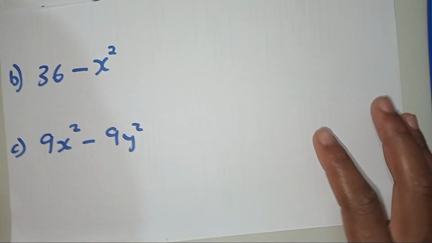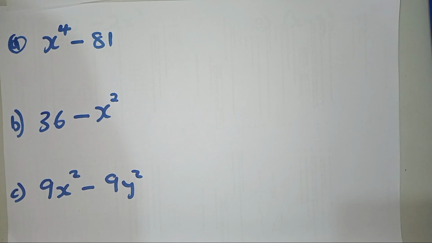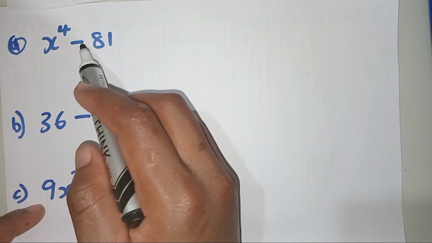So guys, let's check on a few more exercises to see if we can work it out. Right, so we have this problem now. We are given x exponent 4 minus 81, right?